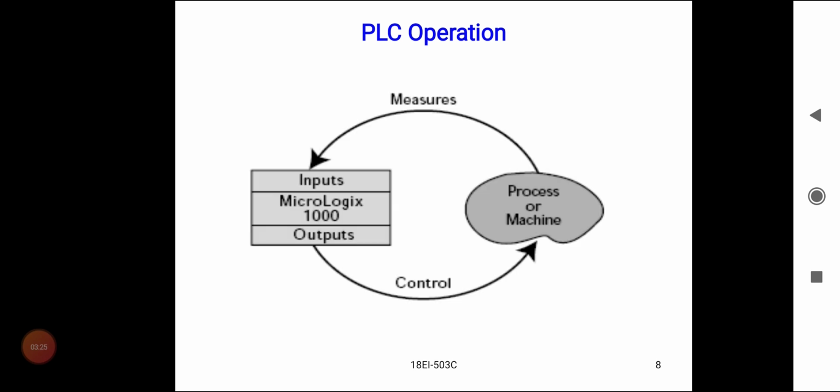PLC operation. A process or machine: it measures inputs, and outputs, and controls the process or machine.